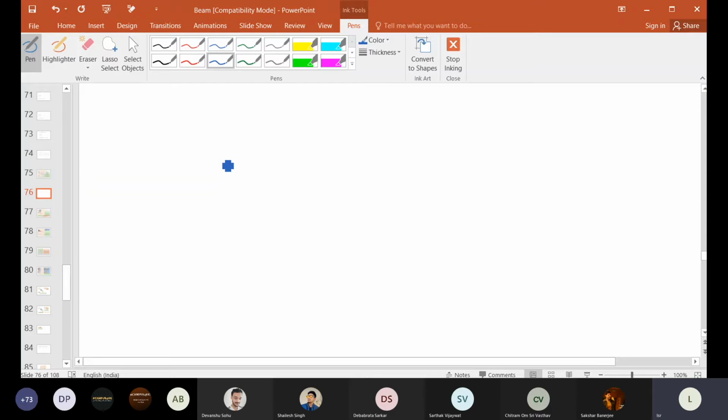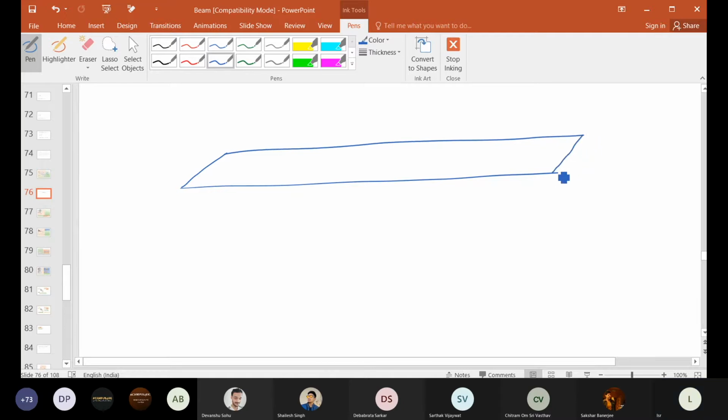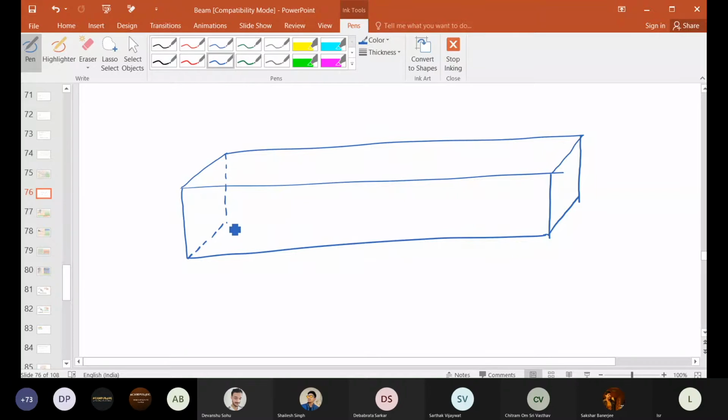Now, I will try to draw a three-dimensional view so that you will appreciate it better. I will not show supports. This is the beam.